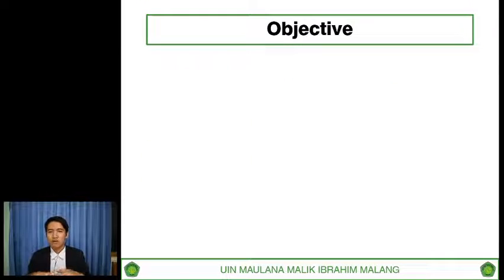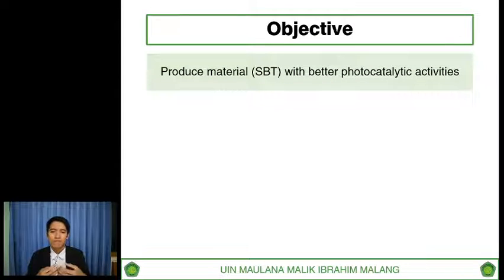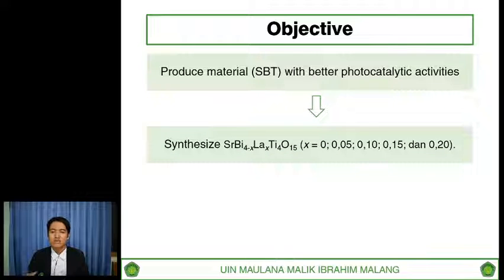So here is our objective after explaining all of that introduction. We want to produce a material, in this case strontium bismuth titanate, with better photocatalytic activities, by synthesizing strontium bismuth titanate with lanthanum ion doped into it using the molten salt method.